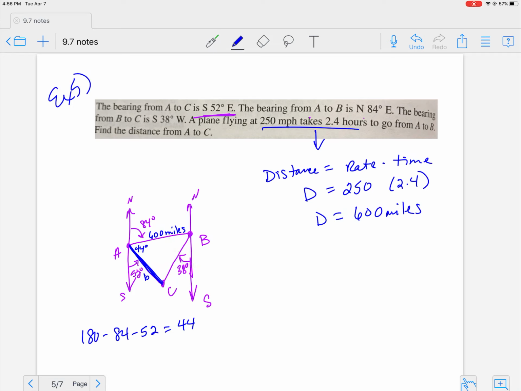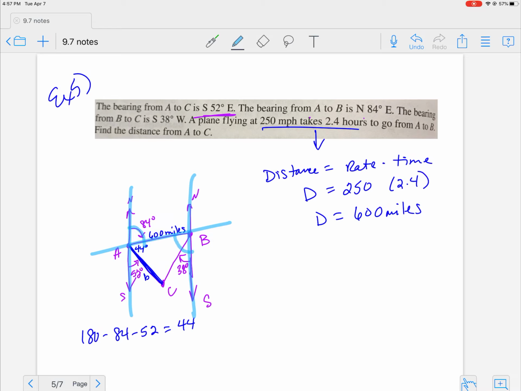I also know that this angle measurement is equivalent to this. So if I know that 84 is equal to 38 plus this, whatever that is, then that's how I get that angle measurement. Do you see what just happened? So this is geometry. You may be looking at this going, what just happened?